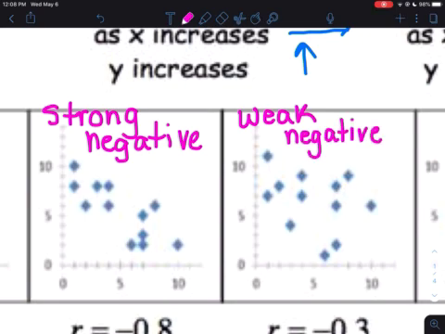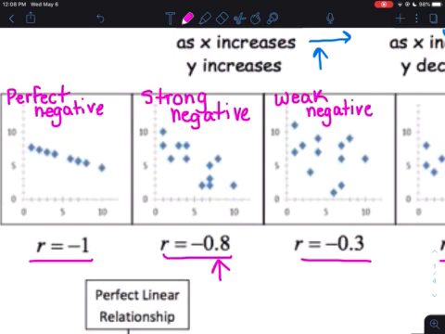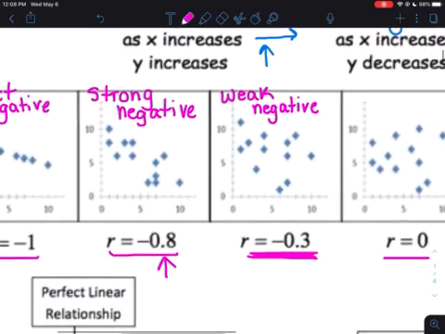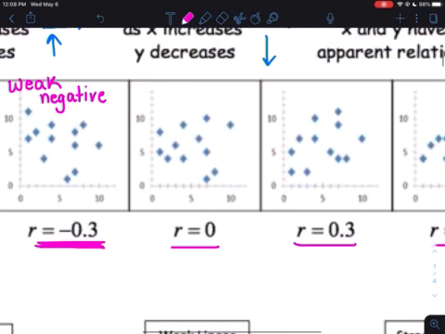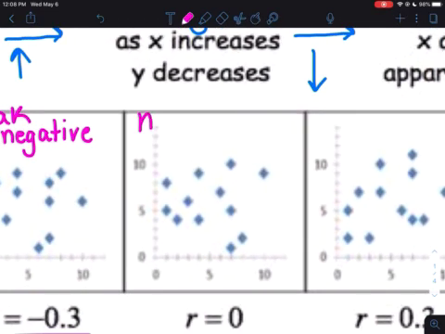And when you're talking negative numbers, the closer to 0 you are, the weaker that correlation is. Okay, so it's definitely not a straight line. It's not even kind of close, but you can see a pattern, so I would call that negative. Then when you have R is 0, this is when there is no correlation.